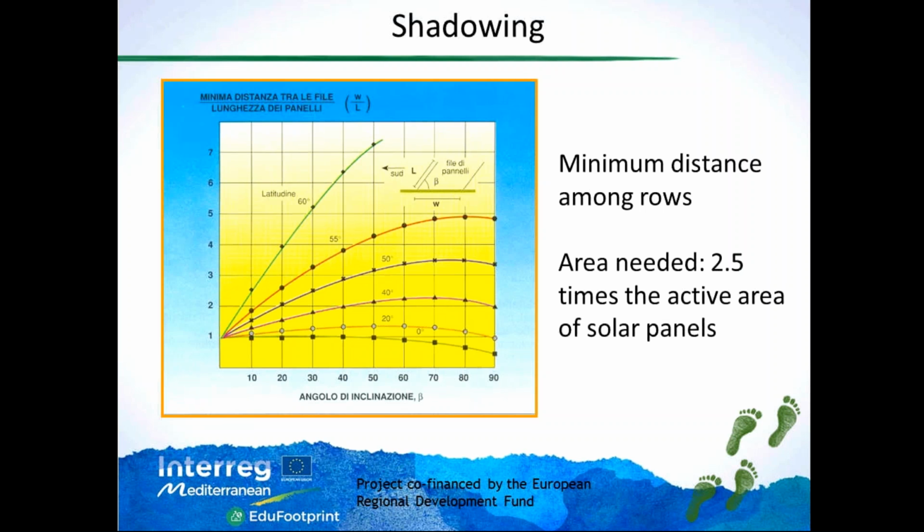On the other hand, the larger the area you need, the higher the cost, for instance, of the land or of the roof and so on. So you have to find a balance, a trade-off between lowering the mutual shadowing between these parallel rows and at the same time not increasing too much the area.